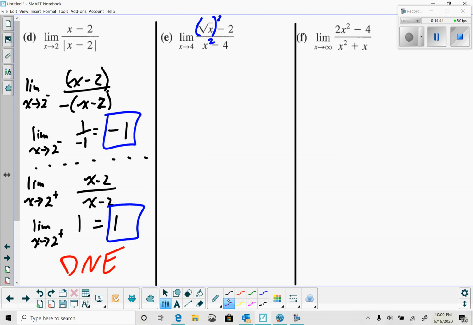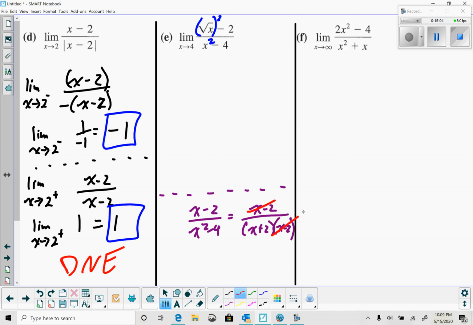Let me put this on pause for a moment and let's explore if you did have that. Say we had x minus 2 over x squared minus 4. Well, the x minus 2, there's nothing you can do with that. But your denominator here, we have x plus 2 times x minus 2.